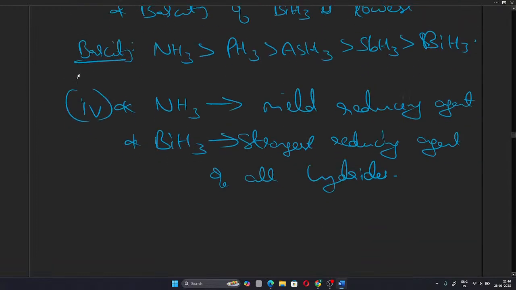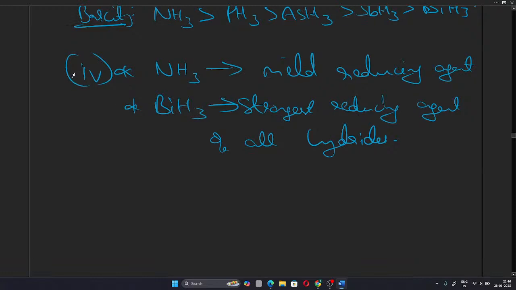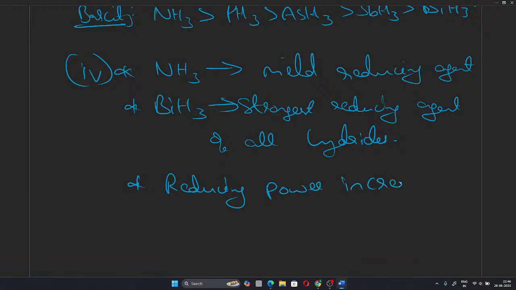This is the point: reducing power increases down the group.